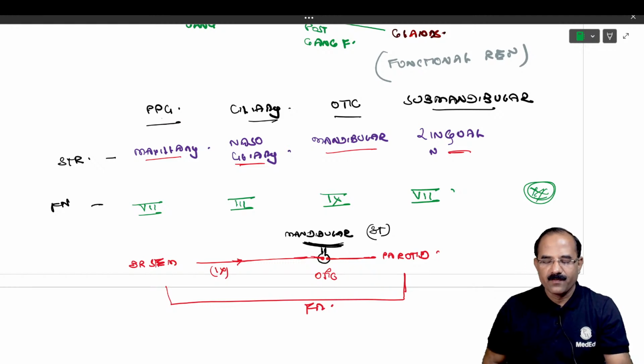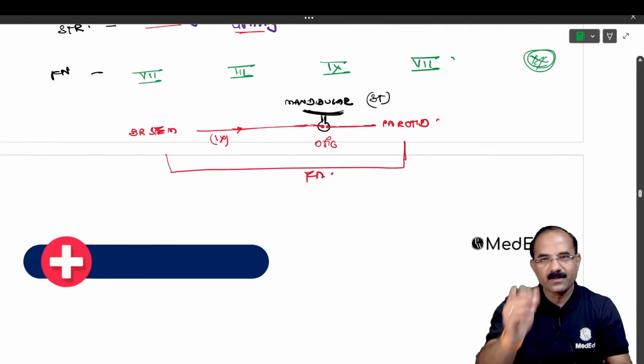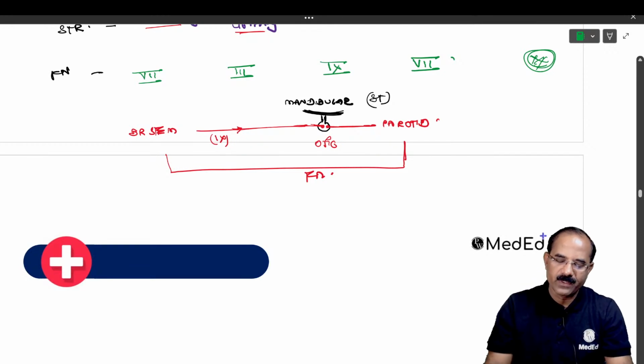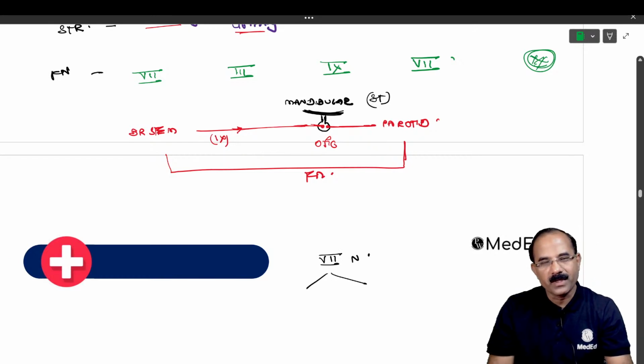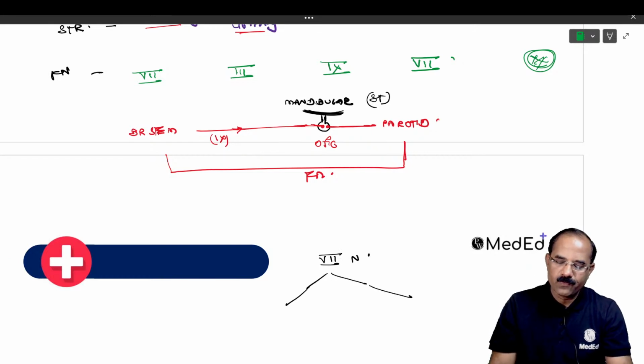Yes. Very good. वैसे ही seven nerve बोलिए. Look, seven nerve. Seven nerve will begin from where? Brainstem. What are these fibers? These are the pre-ganglionic fiber.